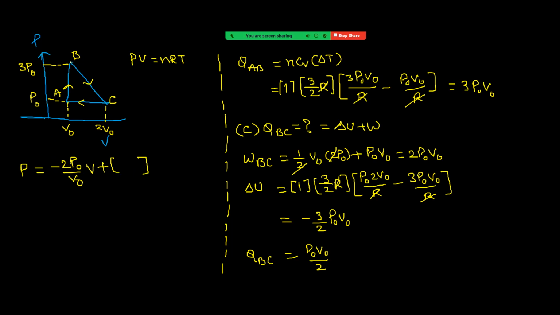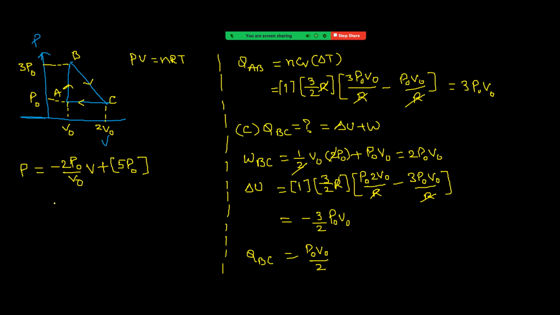Do one thing at B. For B, when volume is V naught, pressure must be 3 P naught. Substitute here: if it is V naught, P must be 3 P naught. V naught gets cancelled. 3 plus 2, 5. That means this constant must be equal to 5 P naught.